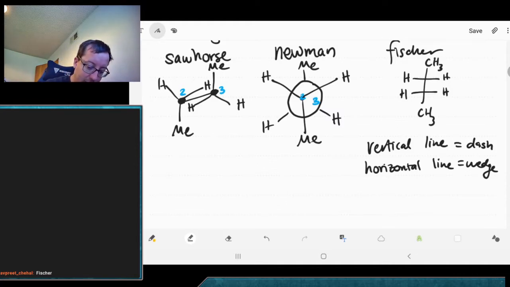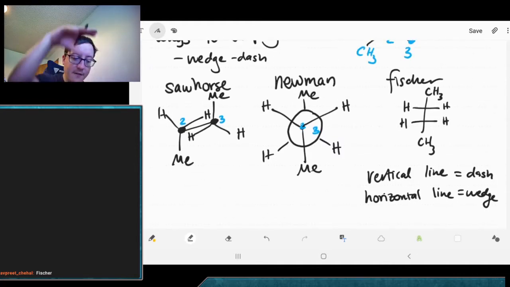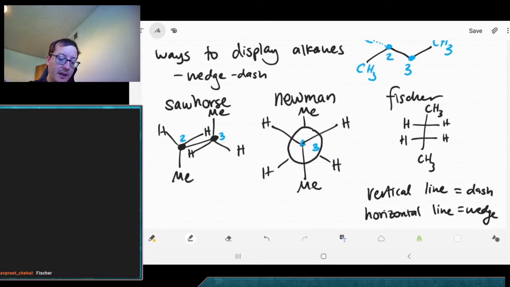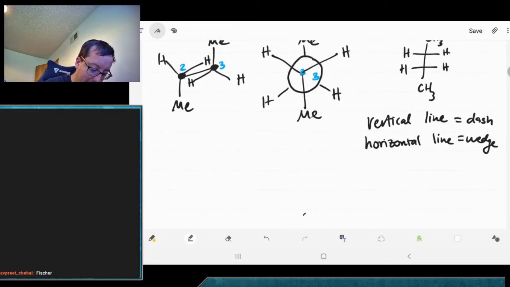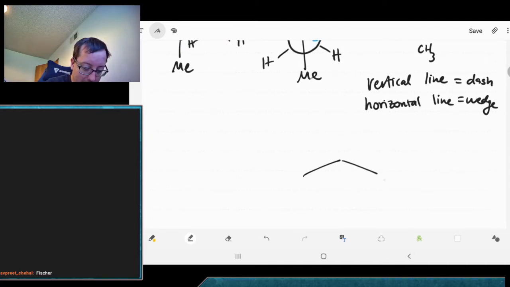So if we're looking at this from above now for a Fischer projection, every time you're looking at a vertical line, that's the up and down part there, those are all dashes, so they're pointing down away from us. And everything that is on a horizontal line there is a wedge.